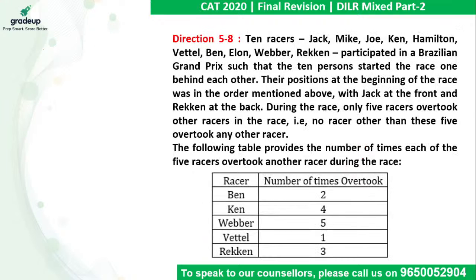So here in questions 5 to 8, it says 10 racers, Jack, Mike, Joe, Ken, Hamilton, Vettel, Ben, Ian, Weber, Reckon, participated in a Brazilian Grand Prix such that the 10 persons started the race one behind each other. Their positions at the beginning of the race were in the order mentioned above, with Jack at the front and Reckon at the back.